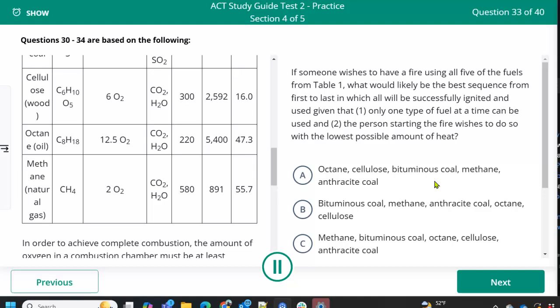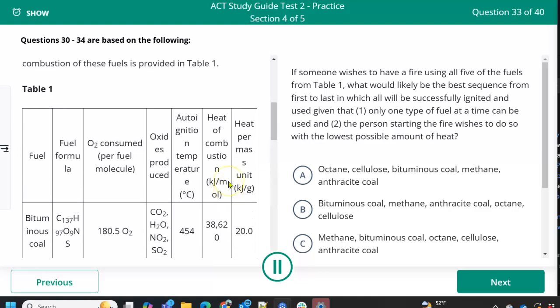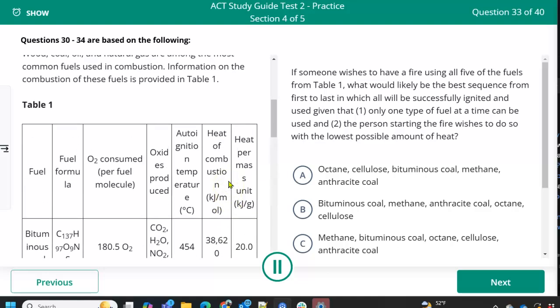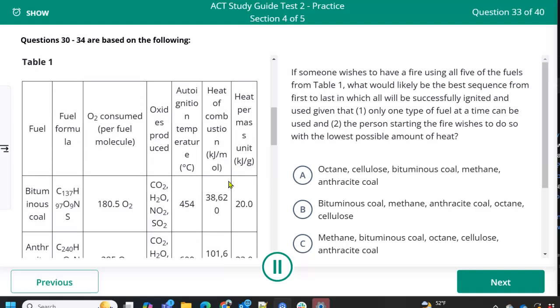Someone wishes to have a fire using all 5 of the fuels from table 1. What would be the best sequence from first to last? All will be successfully ignited and used given that, 1, only one type of fuel can be used, and 2, the person starting the fire wishes to do so with the lowest possible amount of heat. All right, so what do we have here as far as the lowest possible amount of heat?